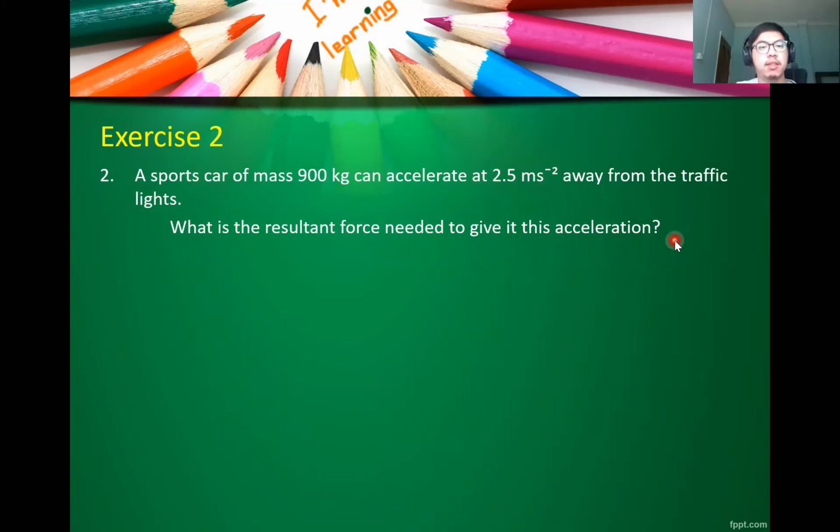The second example, you have a sports car of mass 900 kilograms, which can accelerate at 2.5 meters per second square away from the traffic lights. So is that fast? I don't know. What is the resultant force needed to give it this acceleration? Again, we use the same formula. Force is equal to mass times acceleration. And you want to figure out the force.